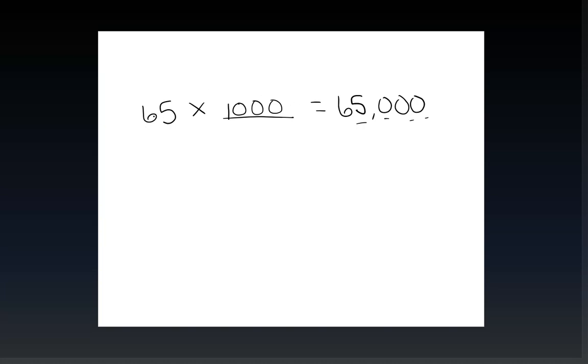Again, I can double check that because I've got a 65 times my 1 in the beginning, which leaves that first number the same, and added on 1, 2, 3 zeros down here in my answer. Let's look at one more like that before I set you free.